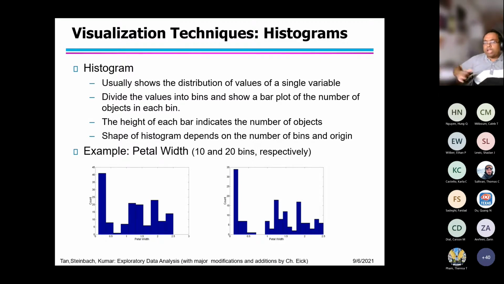You take a single attribute, a single dimension or variable, then you divide the value into bins, and then you plot each of the bins showing how many of your data points fall into each bin. Your histogram would change dramatically depending on how many bins you have chosen.